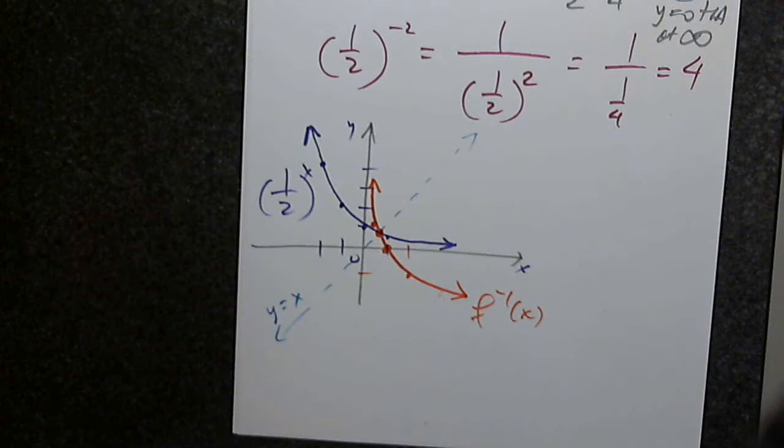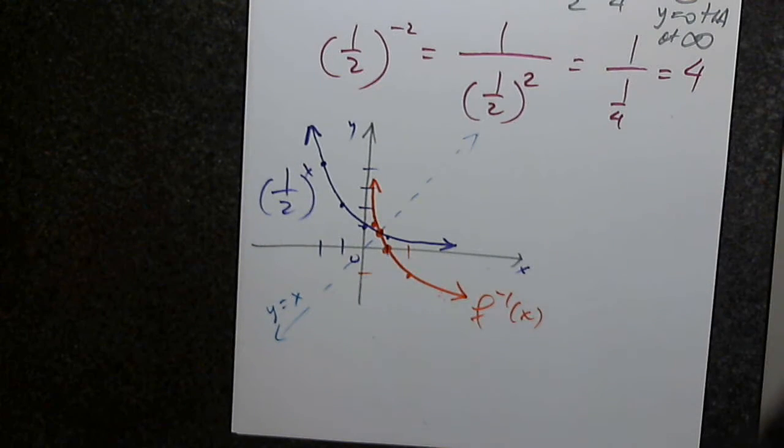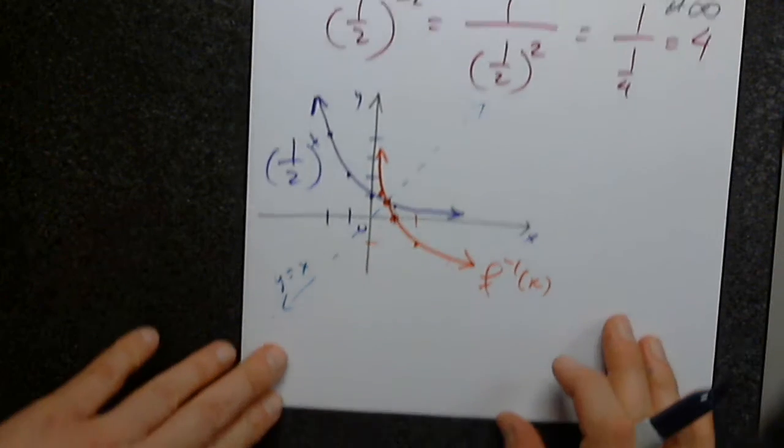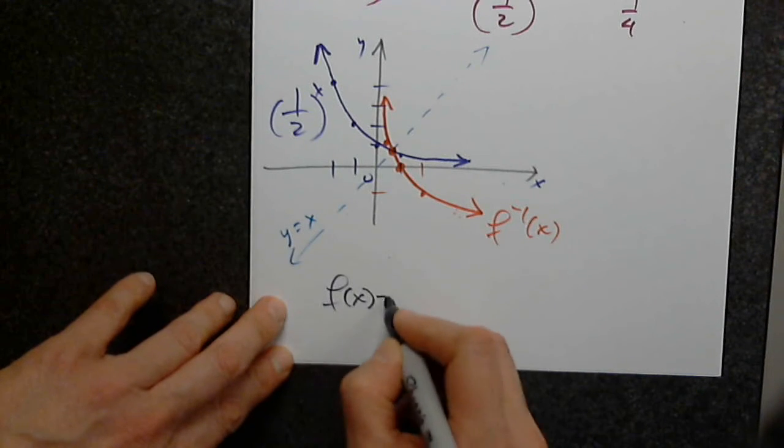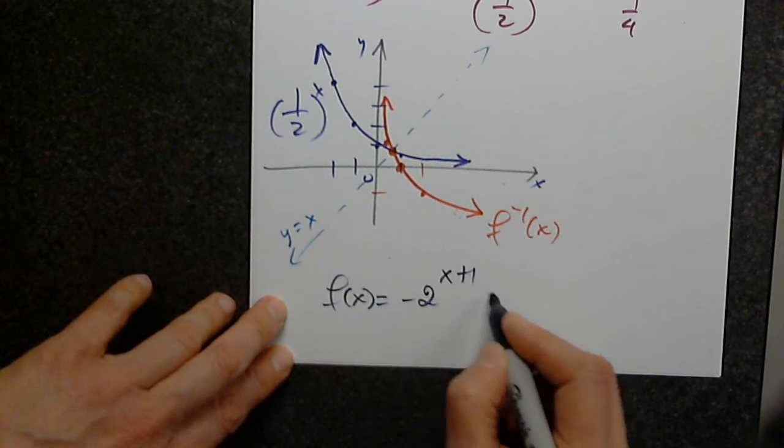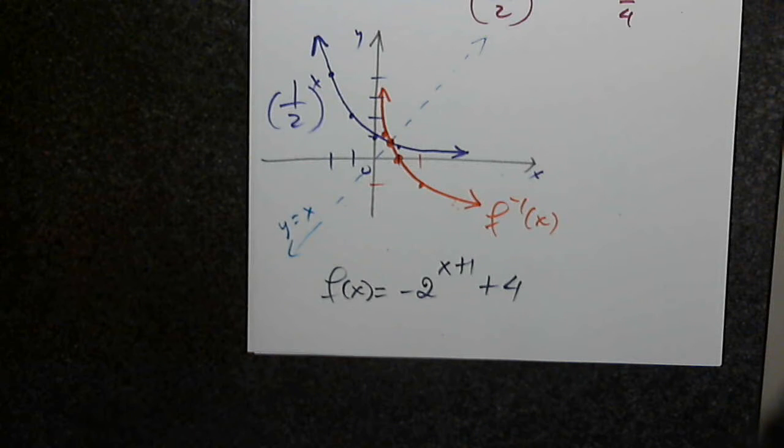Okay, I would like to use a transformation. Let's say we want to graph f of x equals -2 to x plus 1 plus 4, using transformations. And then we'll look at applications of these two functions.